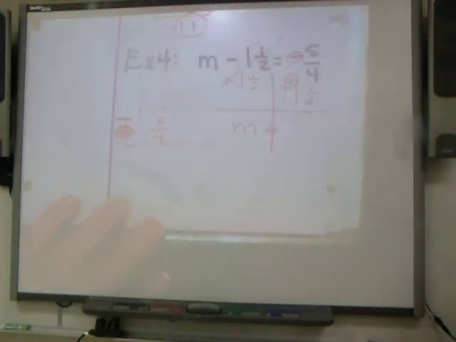So now we have to subtract. Can I take 5 from 2? Do I want to even leave it in this form? I can still do it. I'm going to have to borrow from the 1 and make it 4/4, and it's going to end up being 6/4, and I take 5 from the 6.